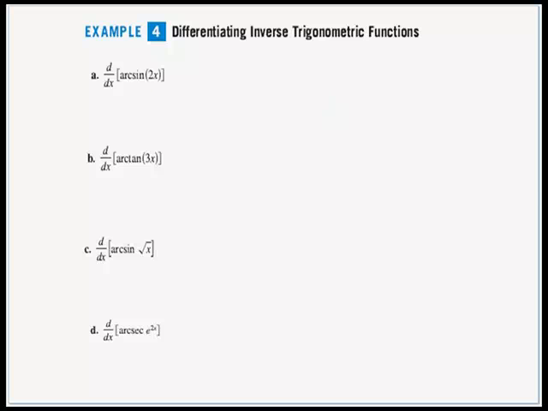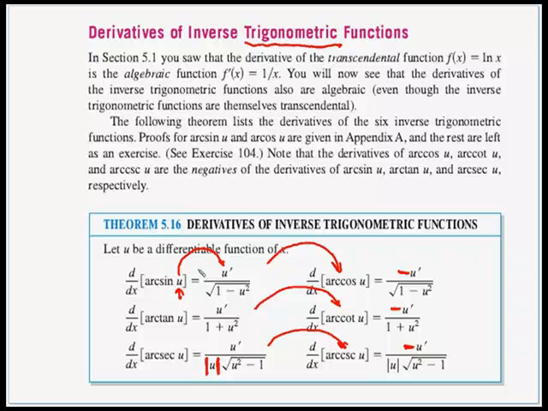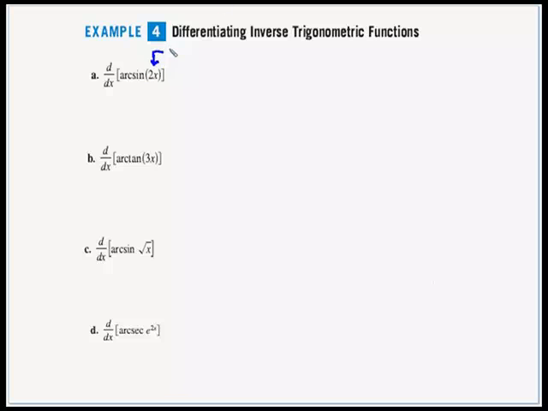The first thing I like to do is identify u, whatever the u value is from the formula, and that's just what we're taking the arcsine of. So here, u equals 2x. Now we're just going to plug the relevant parts into our formula, and this is u prime over the square root of 1 minus u squared.